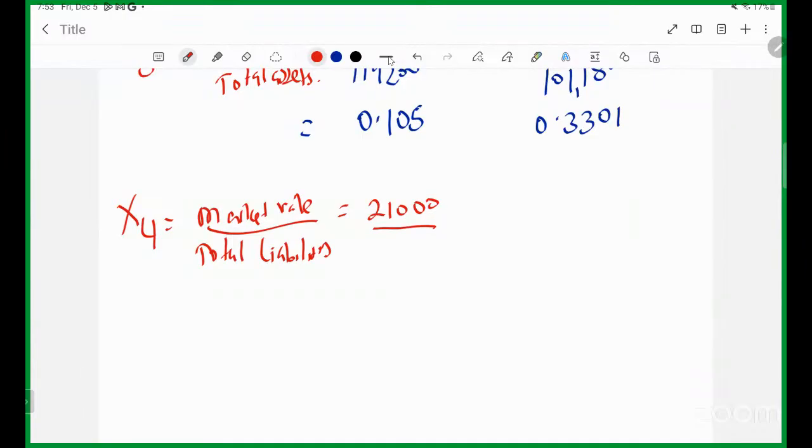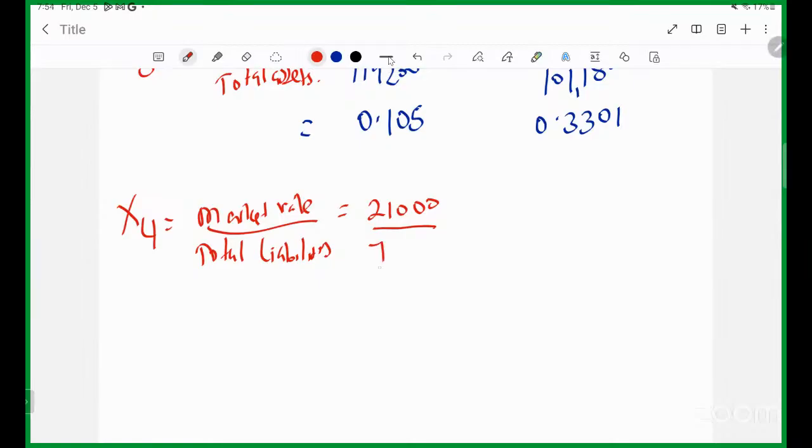What is the figure for total liabilities? For 2023, it's 73,200.